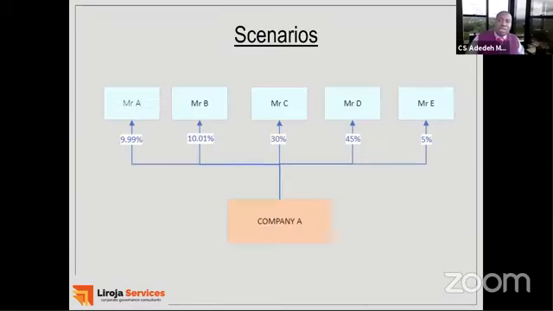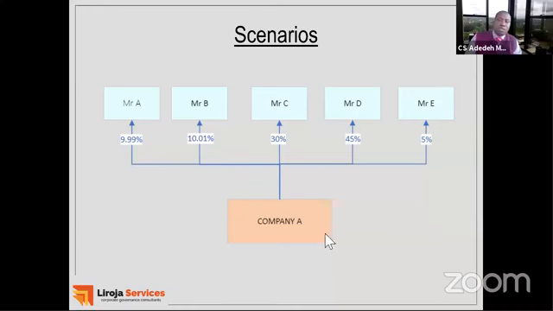So in our first scenario, we are looking at your happy scenario where you have a company owned by a number of individuals with a certain percentage of shares. So in our evaluation, we look at company A with Mr. A, Mr. B, Mr. C, Mr. D, and Mr. E as the shareholders, and the percentages are shown.